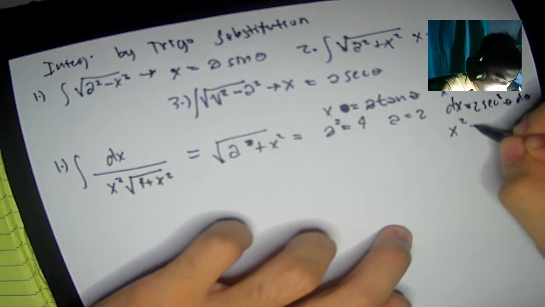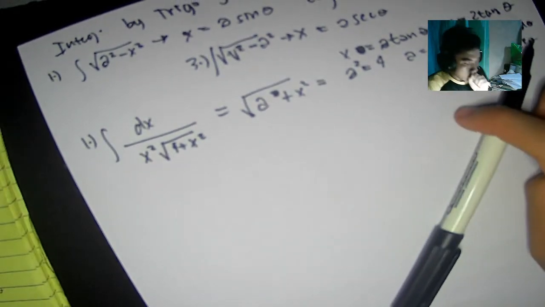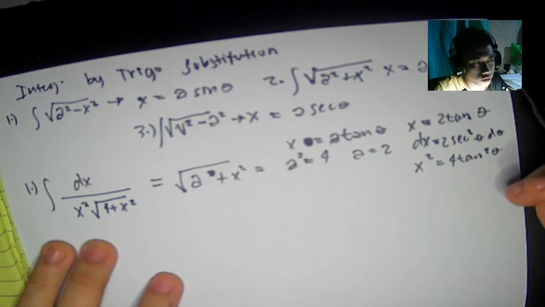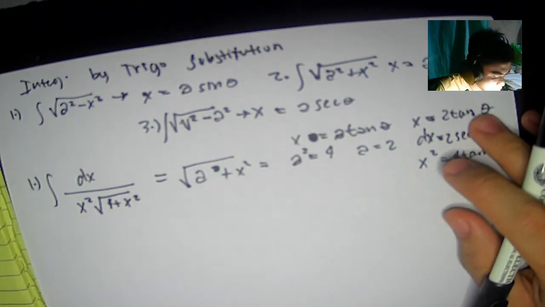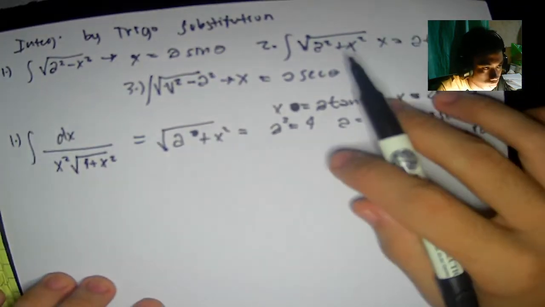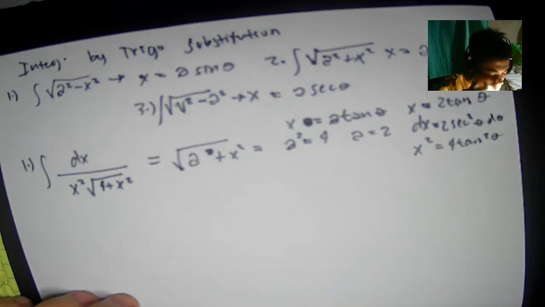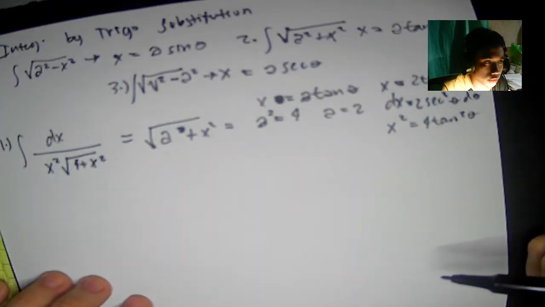And x squared is equals to 4 tangent squared theta. If you ask me why do we have x squared here, it's because we have square root, so we can terminate the square root.